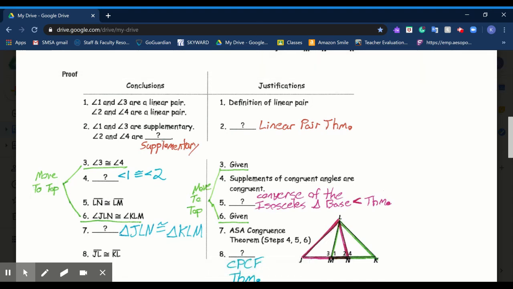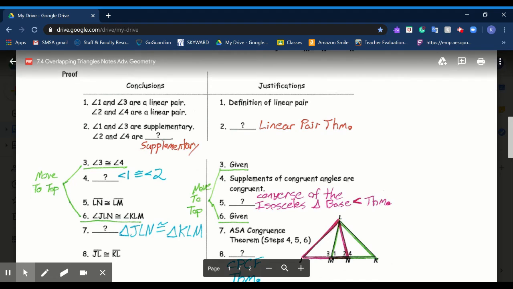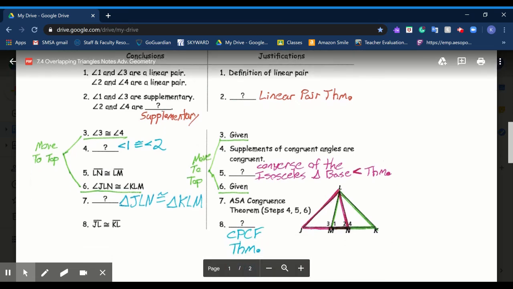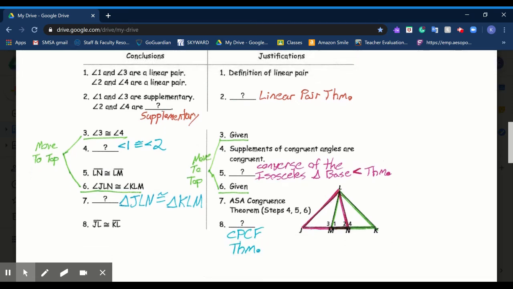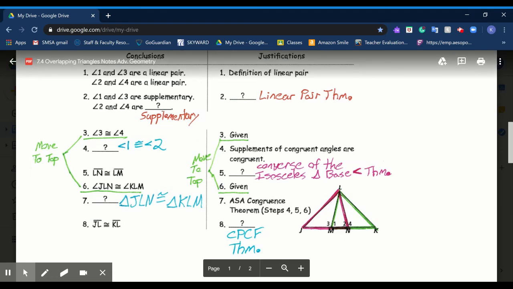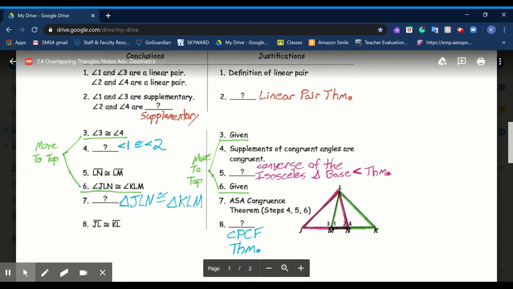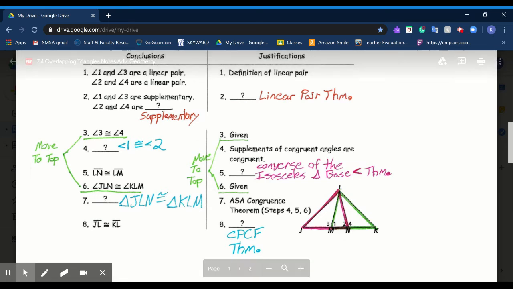Now that gave us angles 3 and 4, in this case 1 and 2, LN and LM. We also know from the given that angle JLN was congruent to angle KLM. So then we could use angle side angle to establish that triangle JLN was congruent to triangle KLM. JLN being the one outlined here in pink, and KLM being the one outlined here in green.